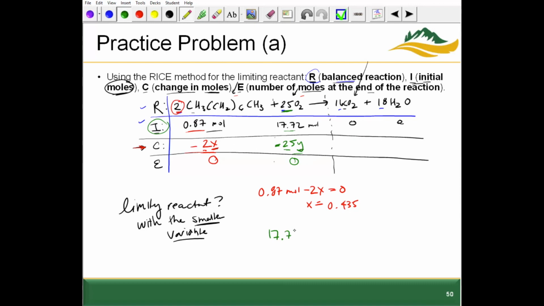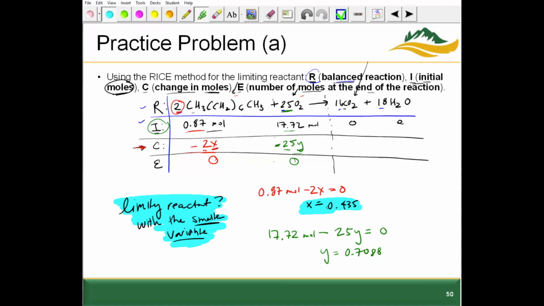So 17.72 moles of oxygen minus 25 times y equals 0. We would subtract 17.72 from both sides, then divide by 25 to solve for y. The y value here is 0.7088.